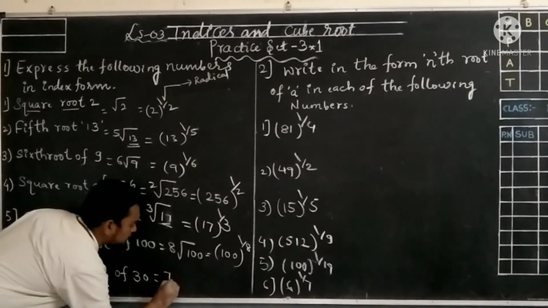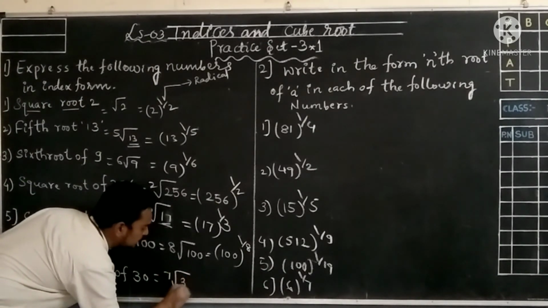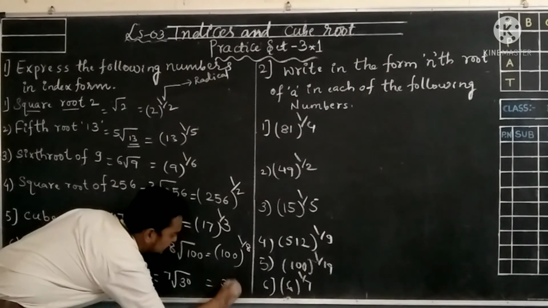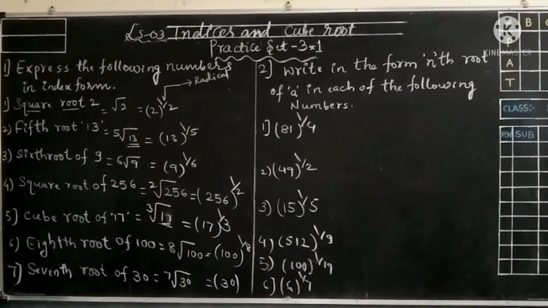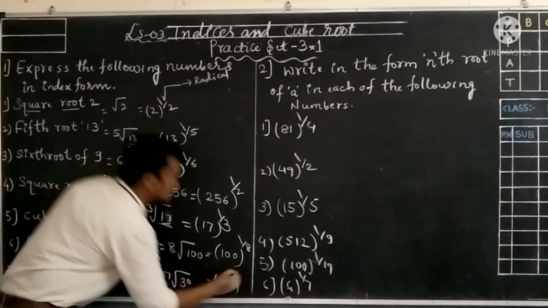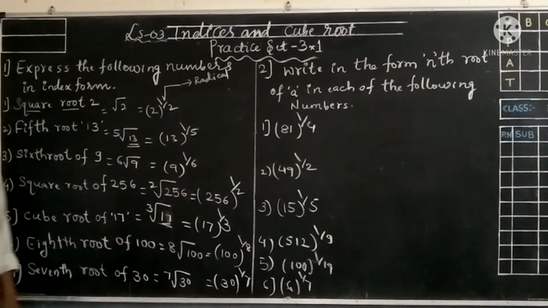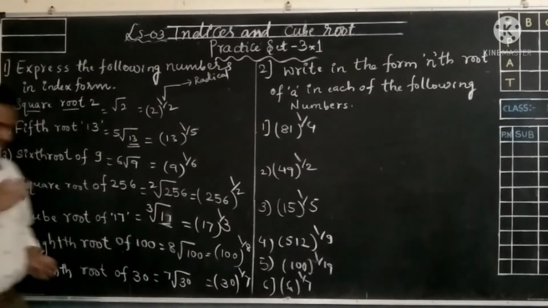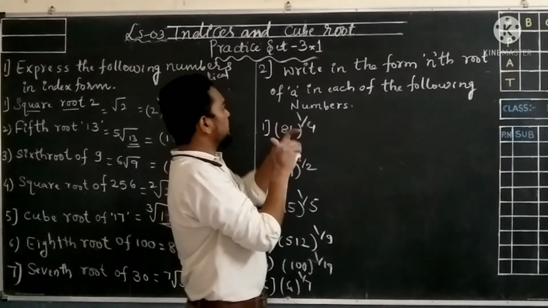We write this 30 as it is. This 7th root is converted into 1 upon 7.